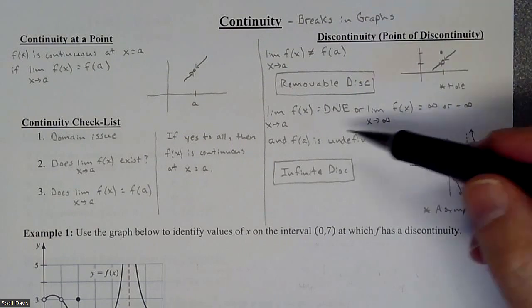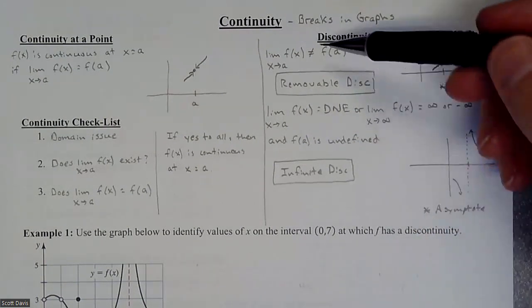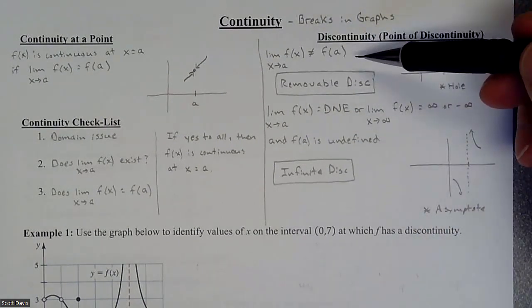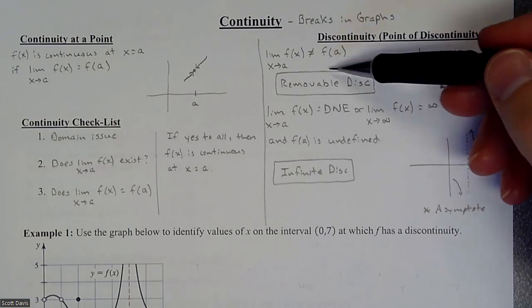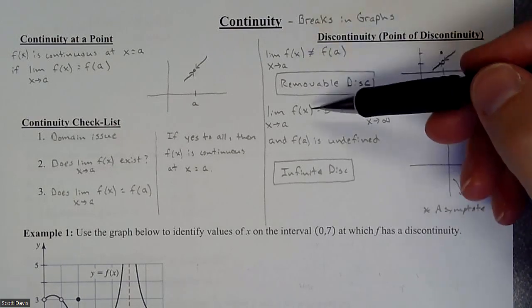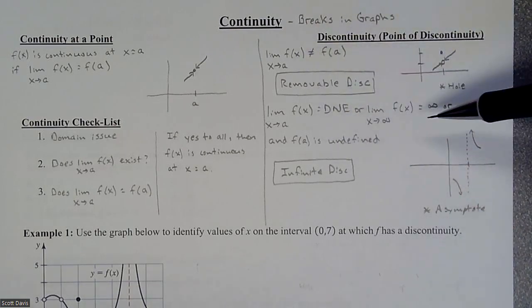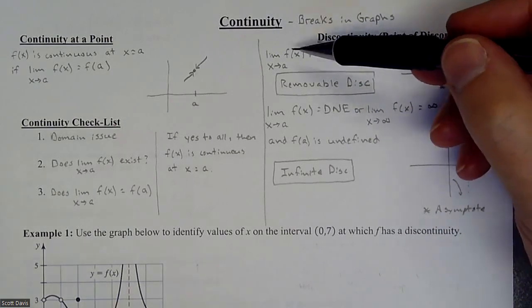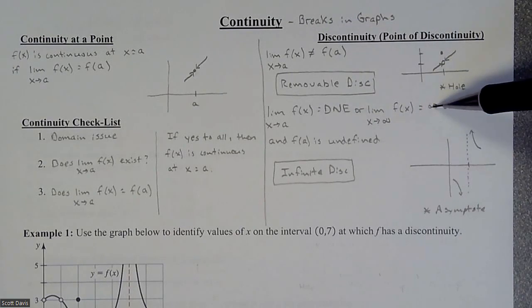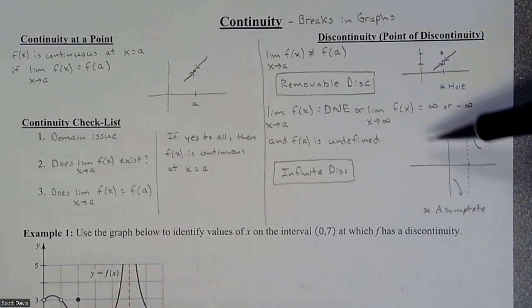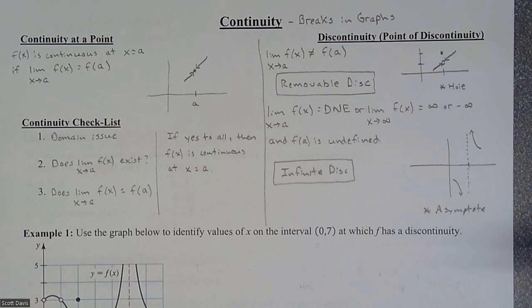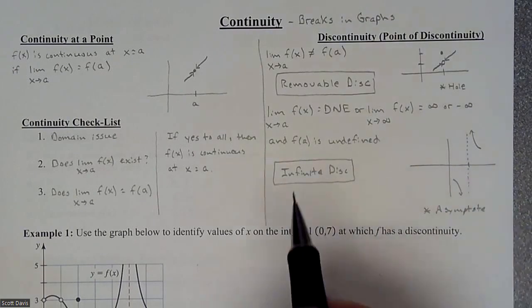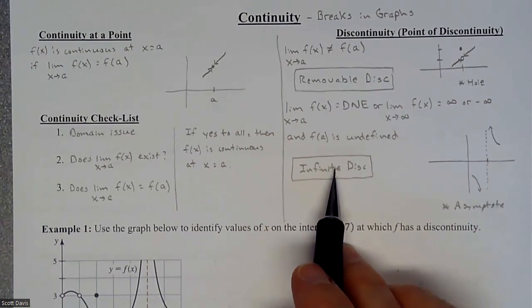A limit might exist while the value is still undefined, but these are very different: one is approaching a value, the other is approaching infinity. It's helpful to create a visual to line things up. This one is known as infinite discontinuity.